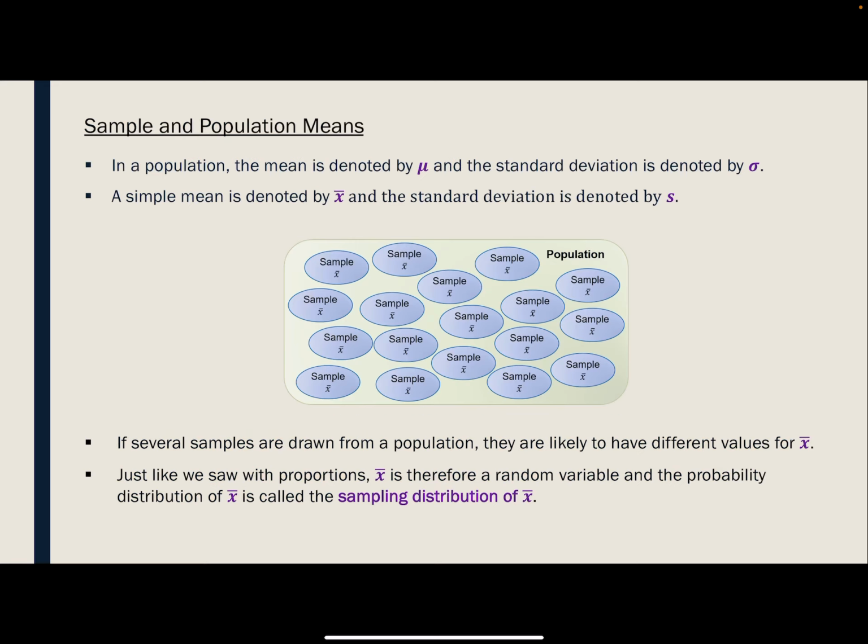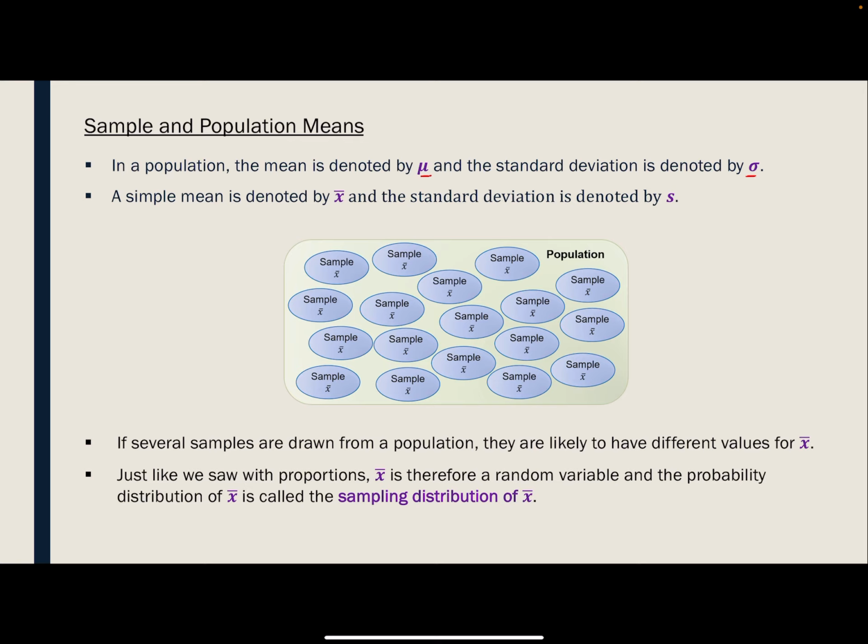So I want to start with just reminding you all about the notation for a population mean and standard deviation versus a sample mean and standard deviation. When we're talking about the population mean, we use mu and the standard deviation is sigma. So we use Greek letters when talking about the population.